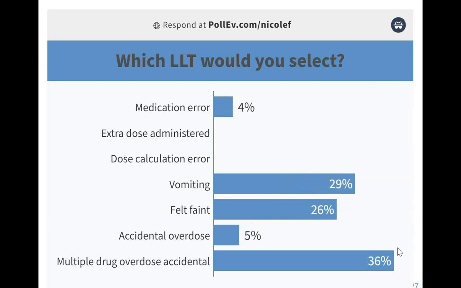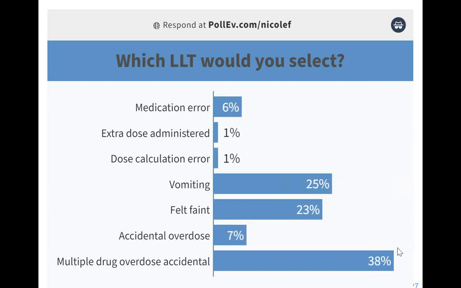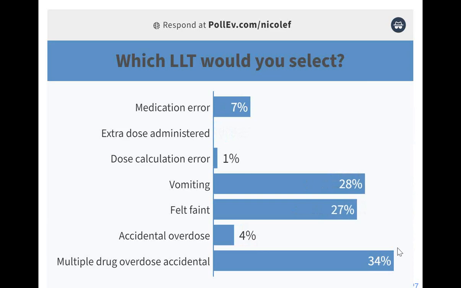Okay, so I see a lot of people are very good. They're choosing something to address the accidental overdose. People are also correctly capturing the events that actually happened as a result of that. Subsequent to that, the patient felt faint and vomited, so excellent. Okay, a few more seconds for people to see what they would choose.